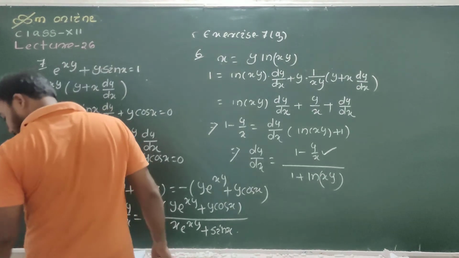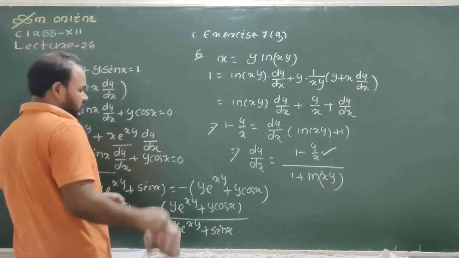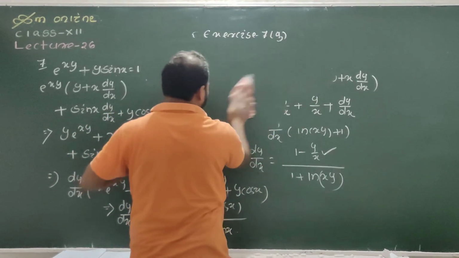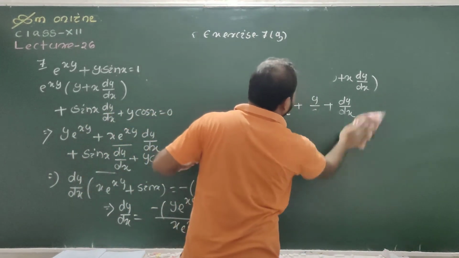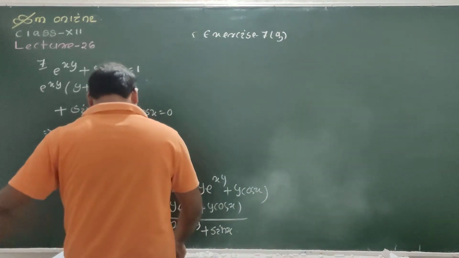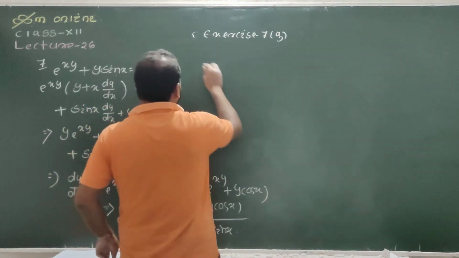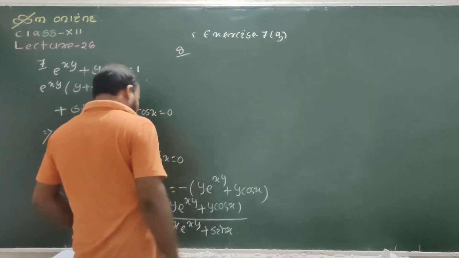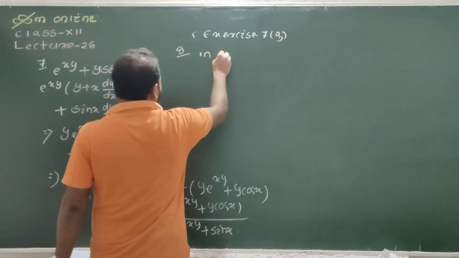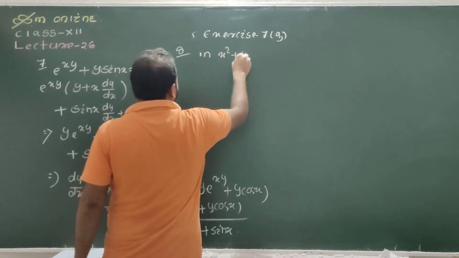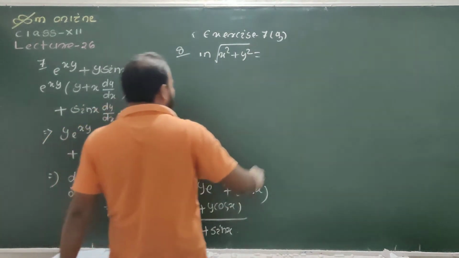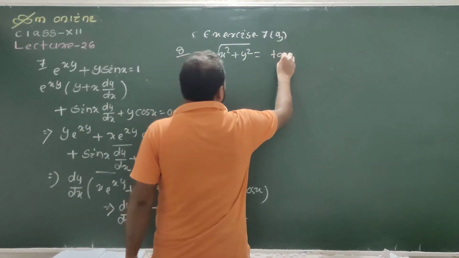Now question number 8. This is ln of the square root of x square plus y square equal to tan inverse y by x.